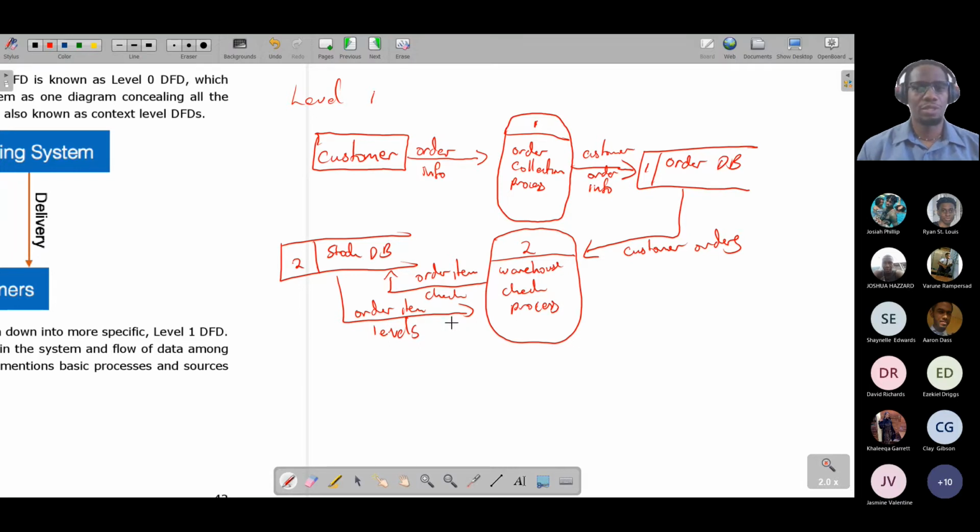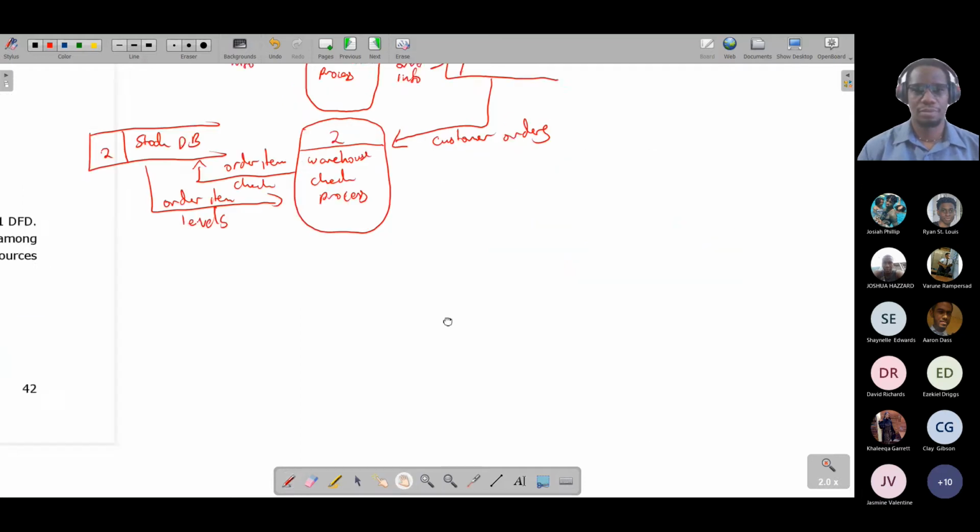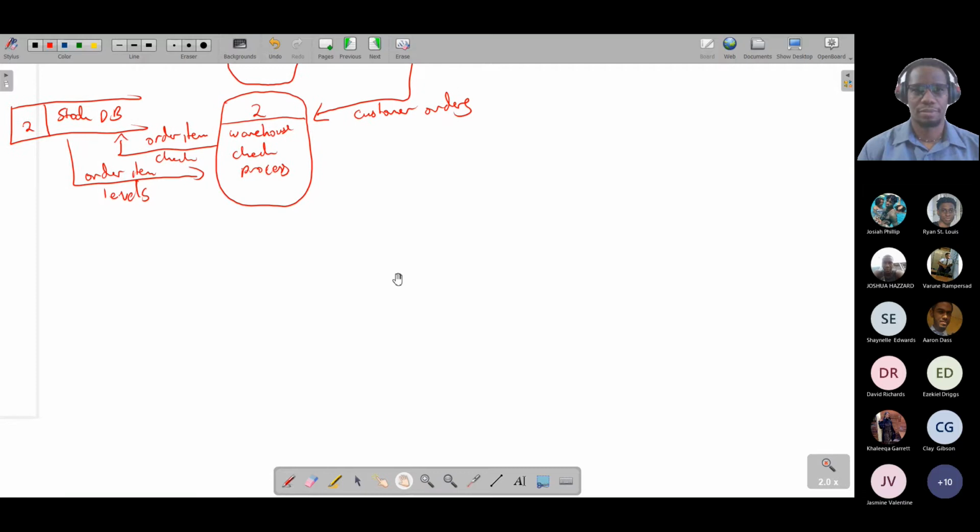Right? Once we get whether or not it's in the database, we could move forward, and depending on if it is in stock, right? Order items approval.